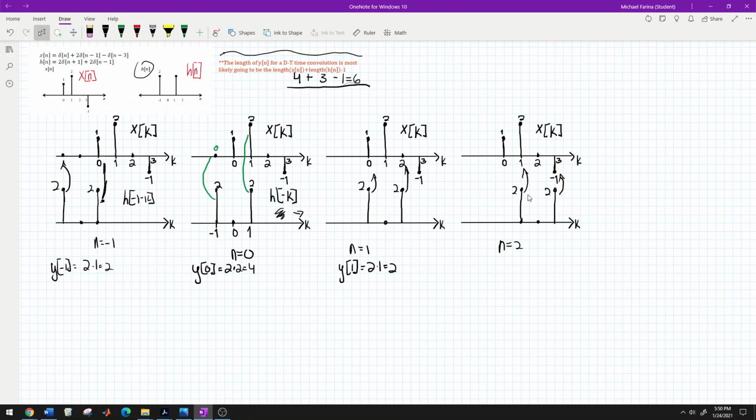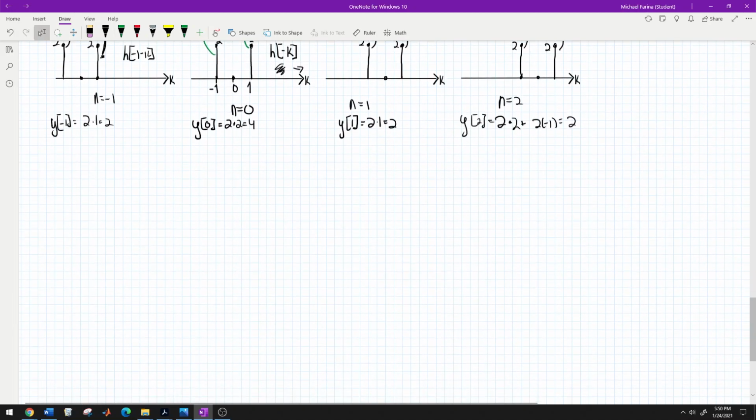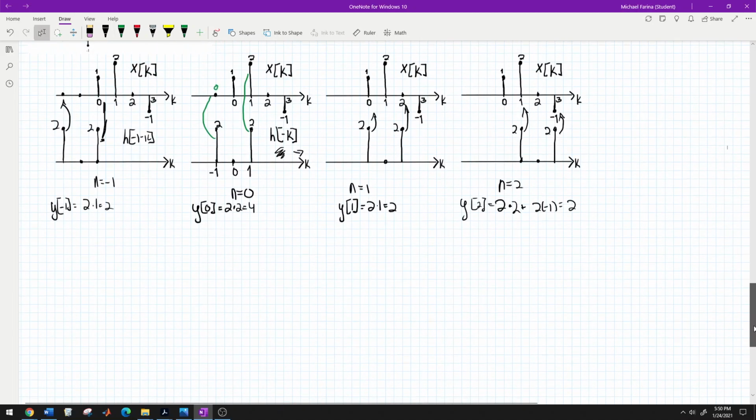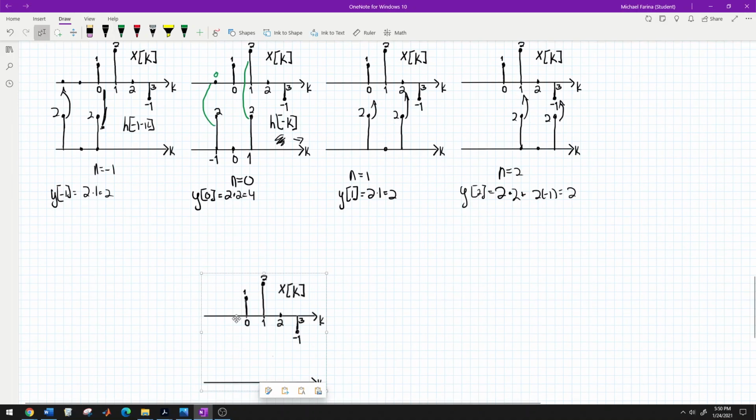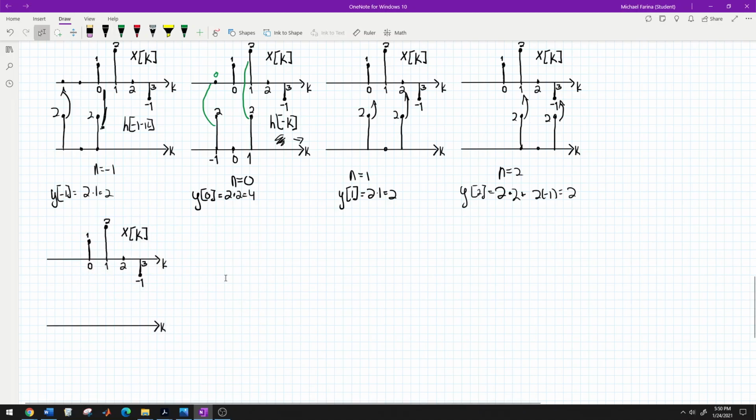That's both magnitudes 2. y of 2 is equal to 2 times 2 plus 2 times negative 1, and that's going to equal 2. Keep shifting.